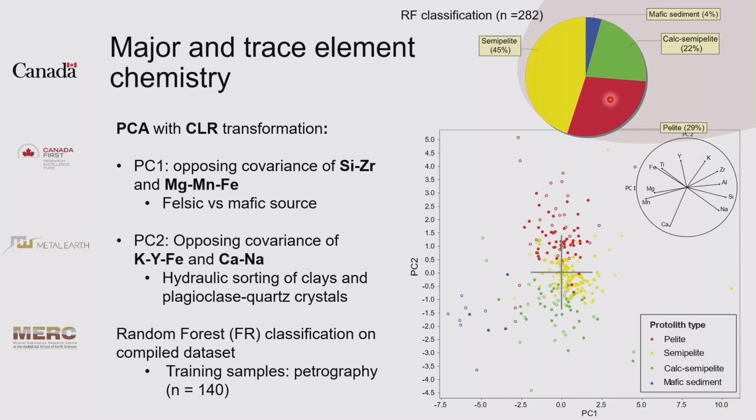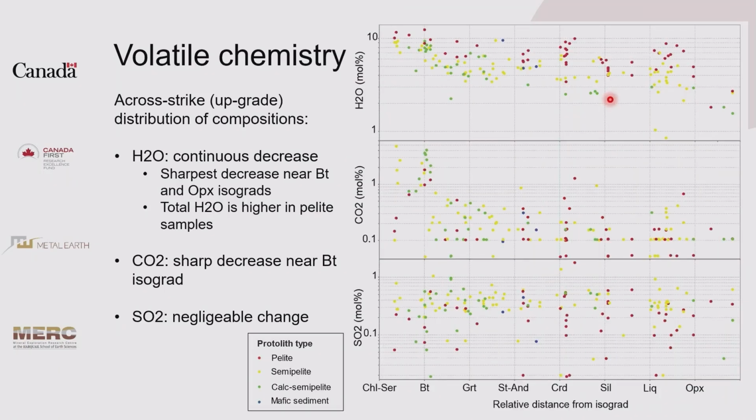Okay, moving on to the volatiles here. What this diagram is showing is the relative distance of the samples from the inferred isograd. I've measured the distance on the map using ArcGIS, and then applied the volatile content to see their distribution.